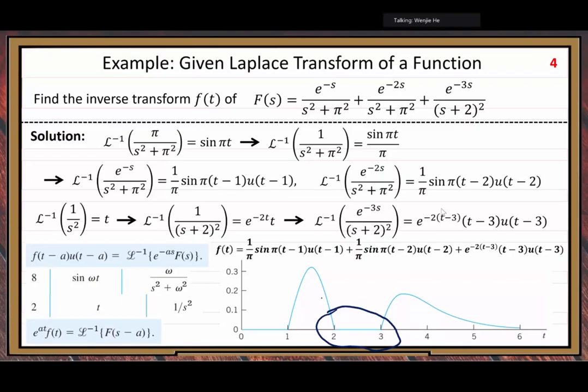But here, you only shift the part that is pi, half of the period, okay? This bump is half of the period, right? The other half is the lower side.